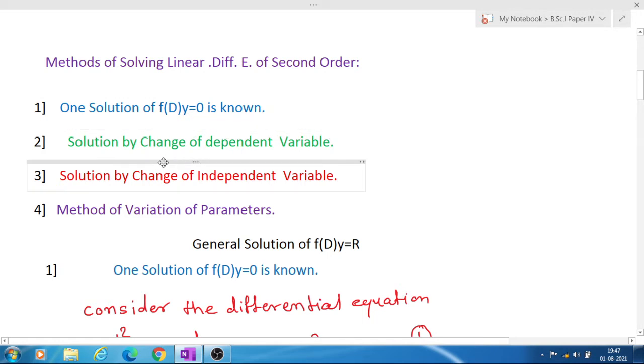This is one method. Second is solution by change of dependent variable. So here y is the dependent variable, x is the independent variable. So by changing the dependent variable y, we can solve the differential equation. Another method is by changing the independent variable, that is x. And the fourth method is by variation of parameters. So we see one by one.